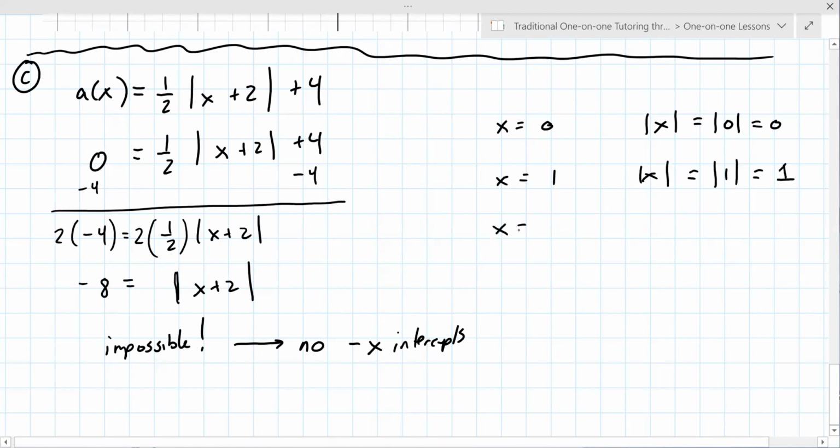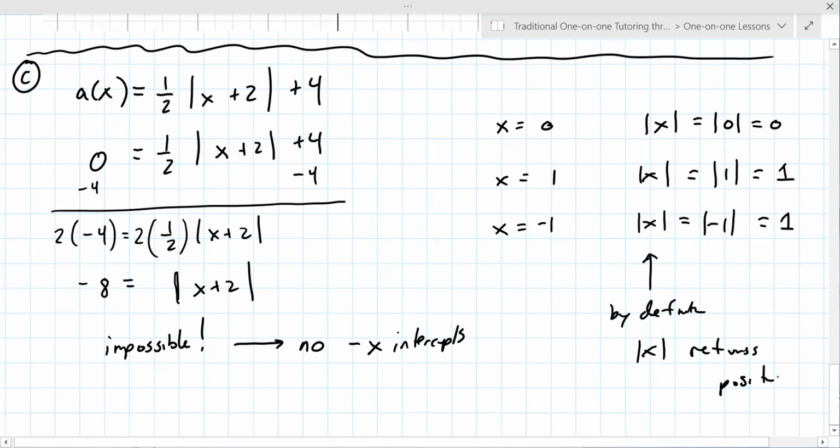Itself. Now let's say it's -1. The absolute value of a negative number is always positive. So by definition, this is very important: the absolute value always returns positive. So you need to get all this down for part C.